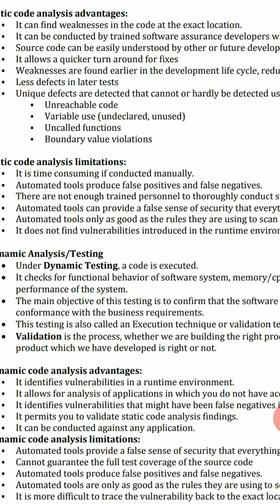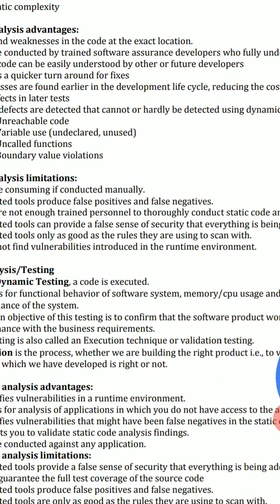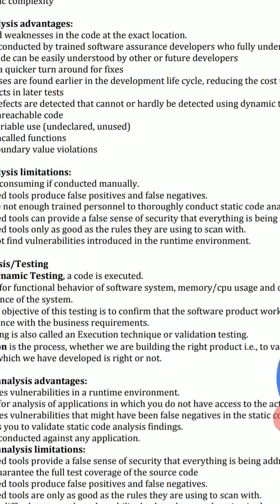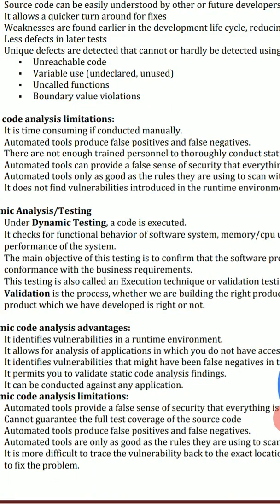Then unique defects are detected that can hardly be detected using dynamic tests. Just as an example, unreachable code: we can detect unreachable code because the possibility of finding that kind of error is much higher in static analysis or static testing as compared to dynamic testing.